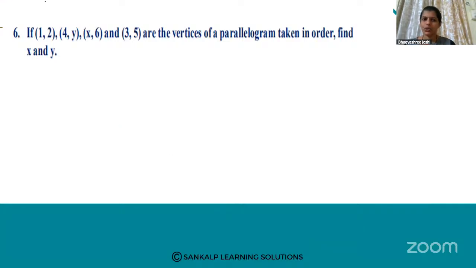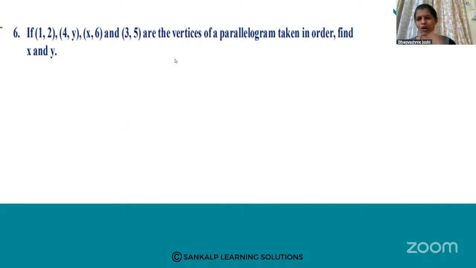If (1, 2), (4, y), (x, 6) and (3, 5) are the vertices of a parallelogram taken in order, find x and y. This question was asked in 2025, Monday's exam.